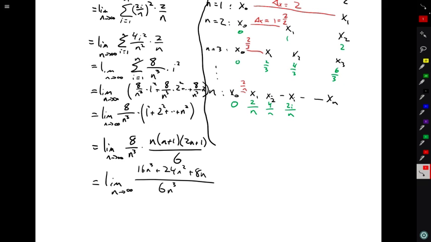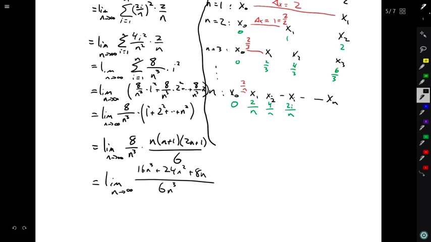And since these functions share the same degree, this limit as n goes to infinity is going to be the ratio of the leading terms. The only term that's going to matter as n goes to infinity in the numerator is the 16n cubed. The only term that's going to matter in the denominator, well, I guess there's only one term in the denominator, but it matters, and it's 6n cubed. And so this limit is going to be the ratio of these leading coefficients, this 16 divided by 6 here.